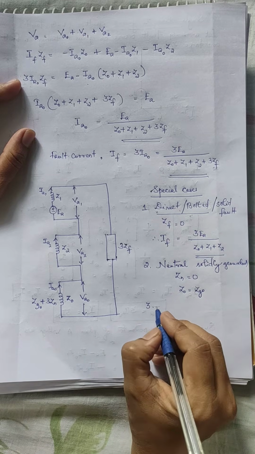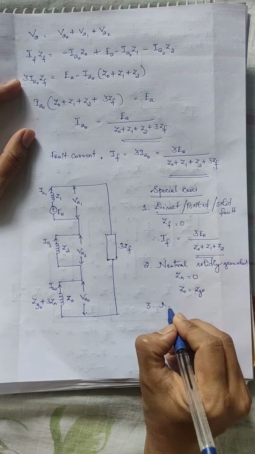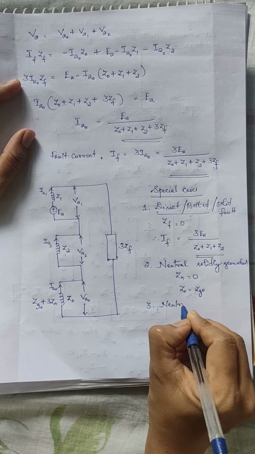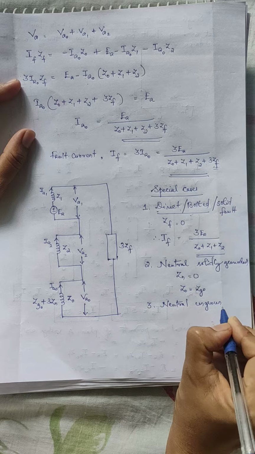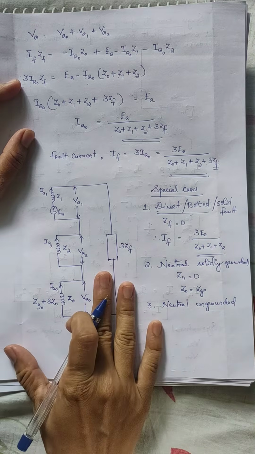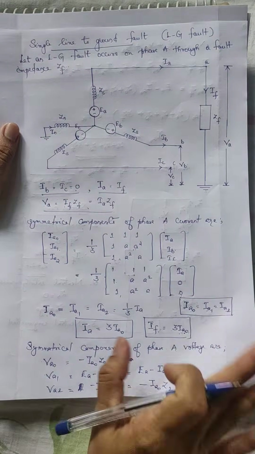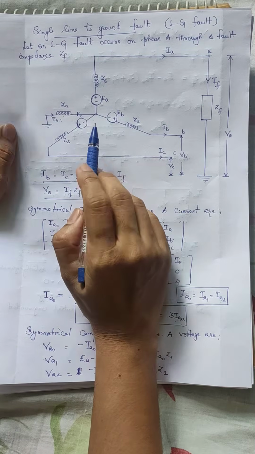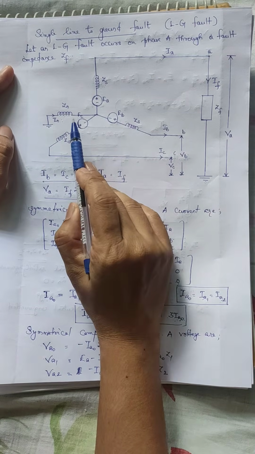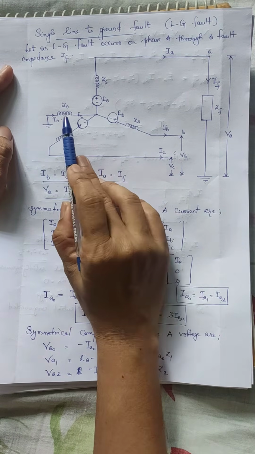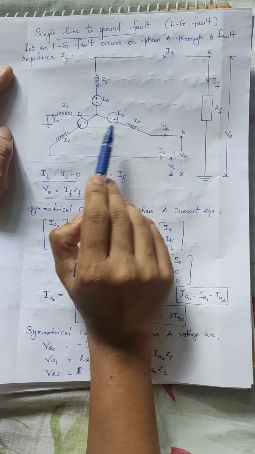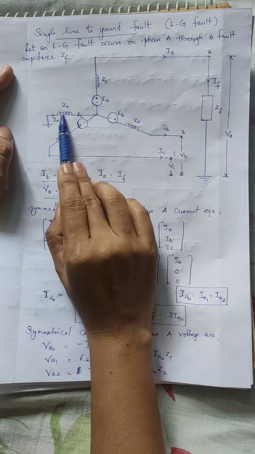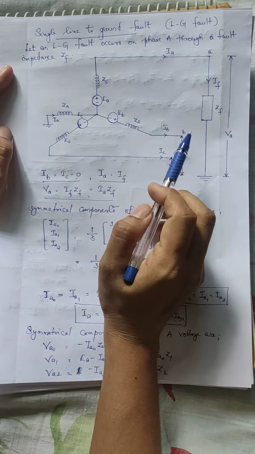Now the third case is when the neutral is ungrounded. So what will happen if the neutral is ungrounded? We know that all the zero sequence currents IA0, IB0 and IC0 flow through the neutral. The zero sequence currents return to the generator through the neutral conductor.